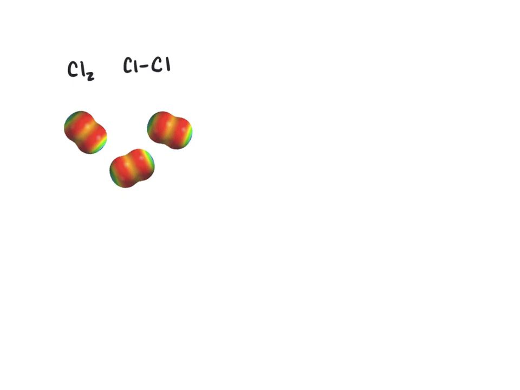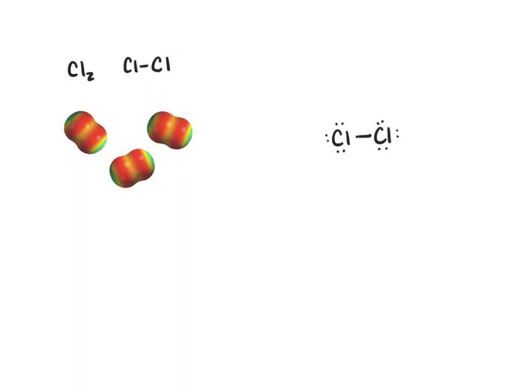So let's imagine how that might work. If I have a chlorine molecule, these chlorines have a lot of valence electrons that are relatively loosely held to the nucleus because they're out in the n=3 shell. So even though we draw them as though they are completely associated with this chlorine atom when we're drawing Lewis structures, in reality, all of these electrons are shared to some extent throughout the molecule.